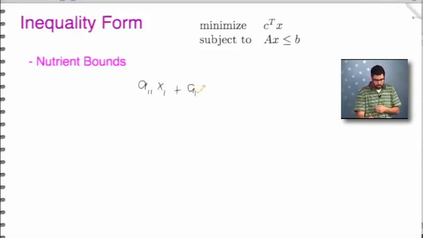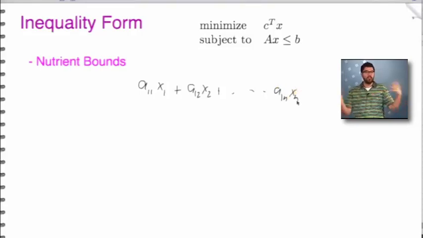And then, of course, A12 X2 plus ... and then A1N Xn, and that's the total, whatever the amount of food we bought, that's the total nutrient in the foods that we bought of nutrient 1, okay?